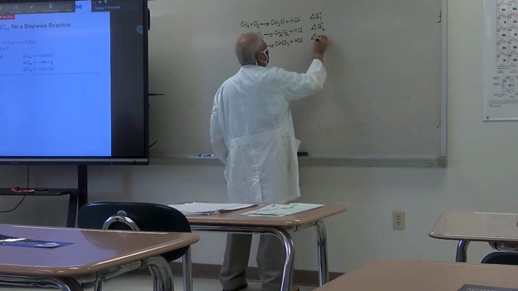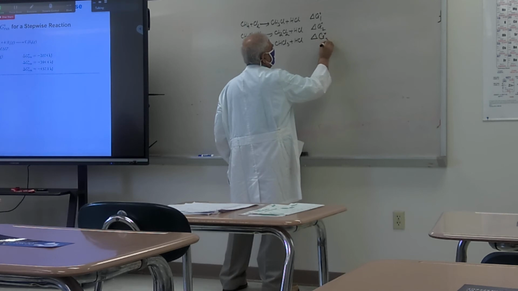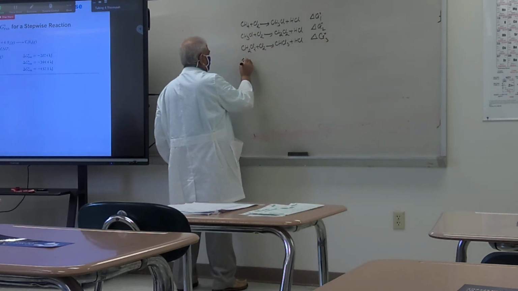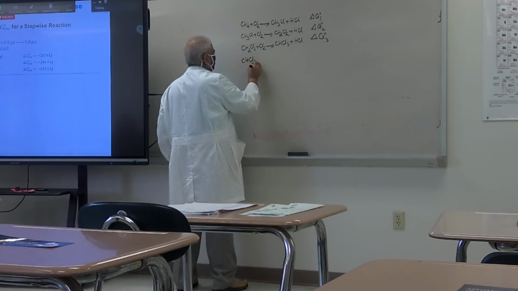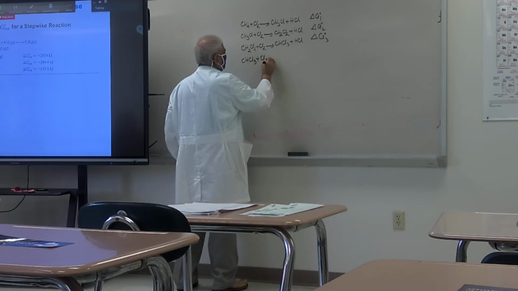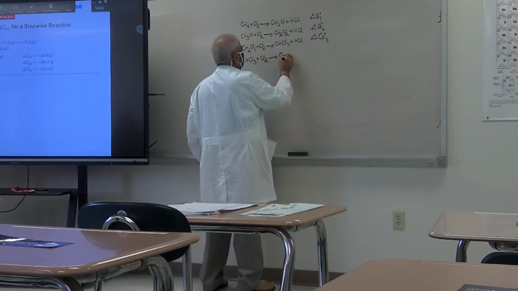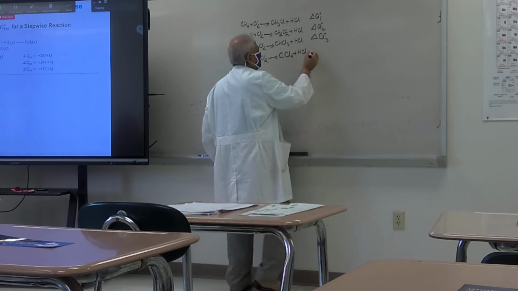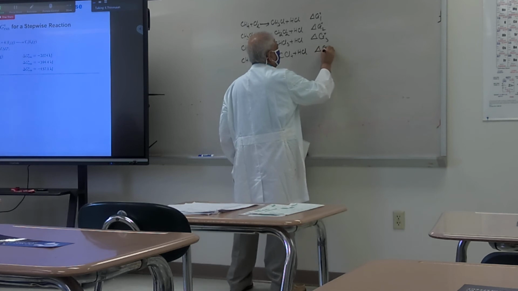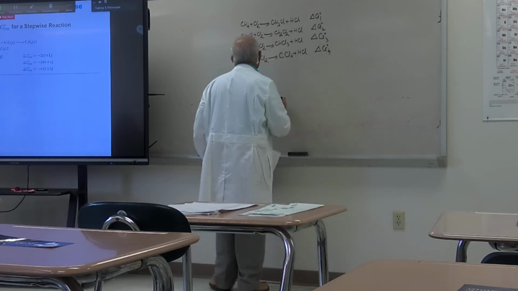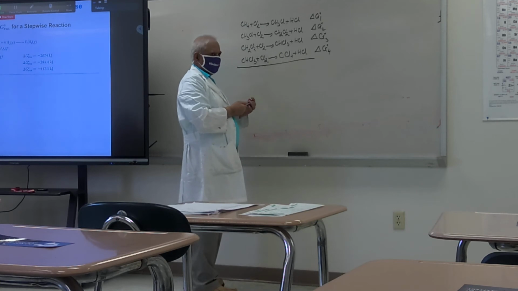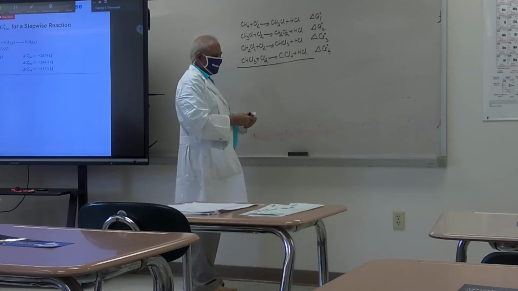So this is the third step, Gibbs free energy change for that reaction. This is the fourth step, delta G0 of the fourth step. Now watch here. So now what happens, do you know?